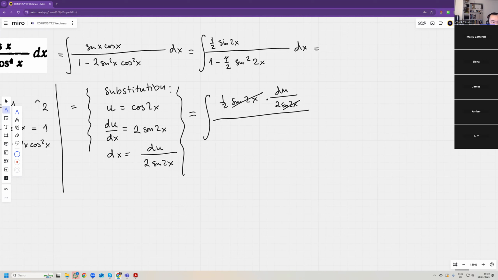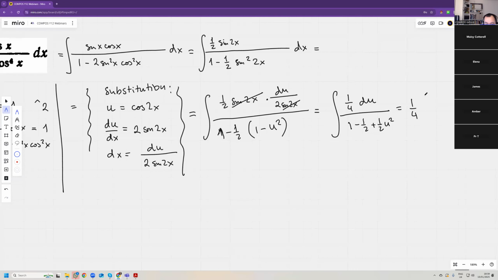And now here I have 1 minus 1/2, and I know that sine squared 2x, that's 1 minus u squared. I've managed a substitution. So I'm just clearing things up. So 1/4 du over 1 minus half plus half u squared. So 1/4 goes out.